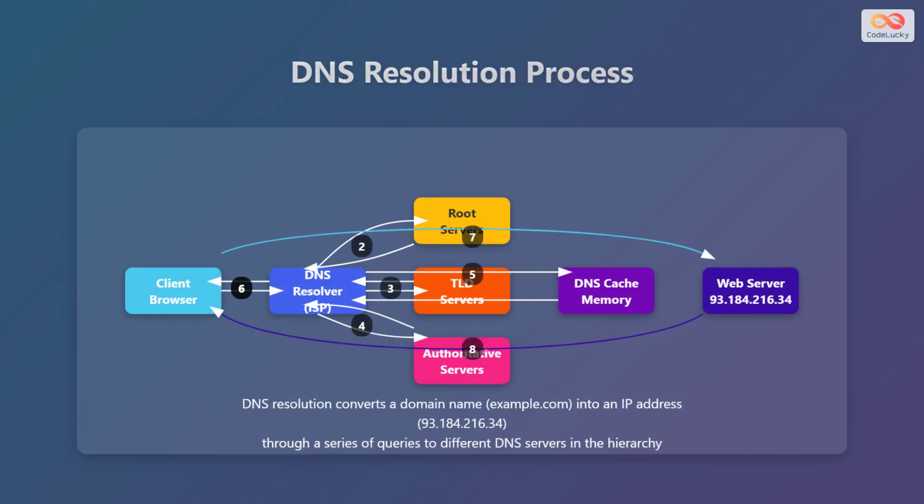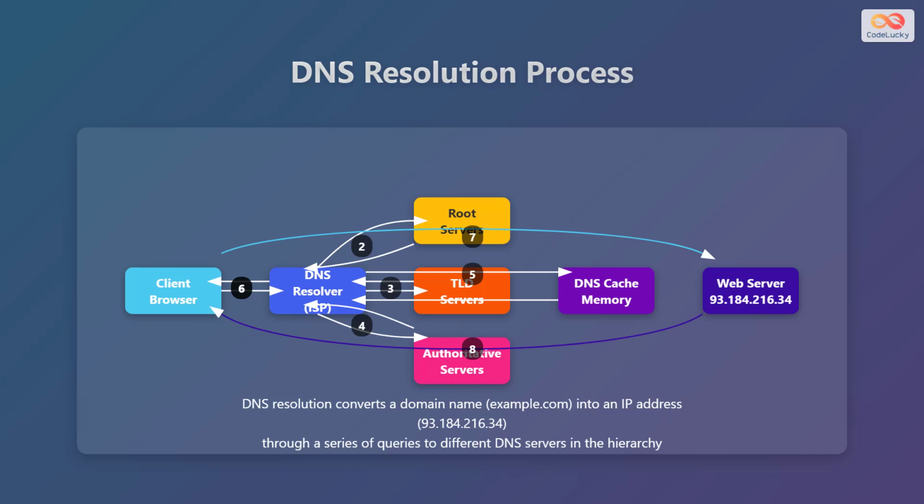Now let's walk through the DNS resolution process. When you type a domain name into your browser, the browser first asks a DNS resolver, which is often maintained by your Internet Service Provider or ISP, to look up the corresponding IP address. The resolver then queries a series of DNS servers, starting with the root servers, to find the authoritative name server for the domain.